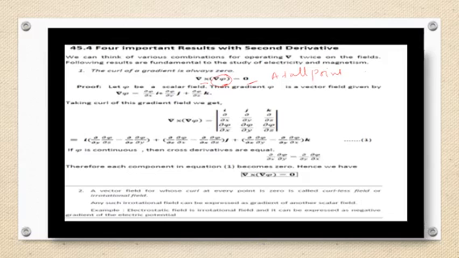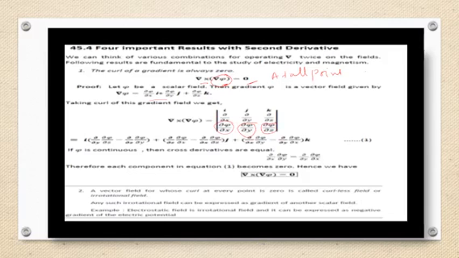Proof goes like this. Let phi be a scalar field and then take gradient. You know now how to take a gradient. Then use those components of the gradient as components in the third row of the curl determinant.